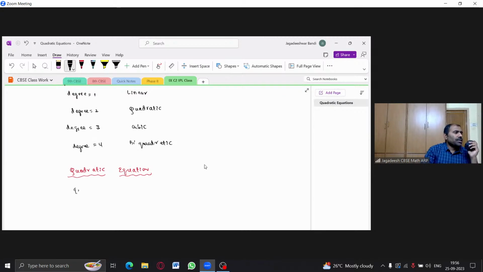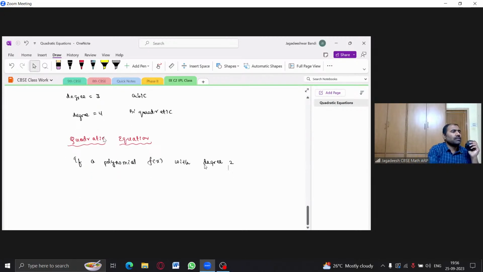If a polynomial f of x with degree 2 is equal to 0, say f of x is equal to 0, then it is said to be a quadratic equation.